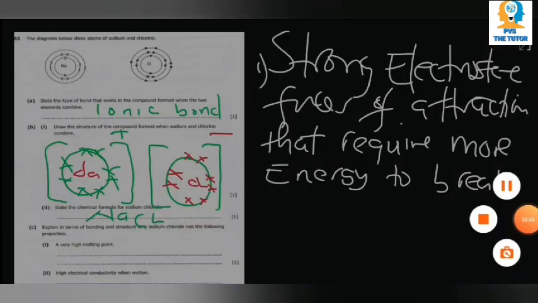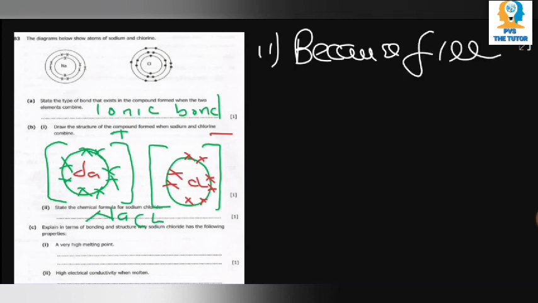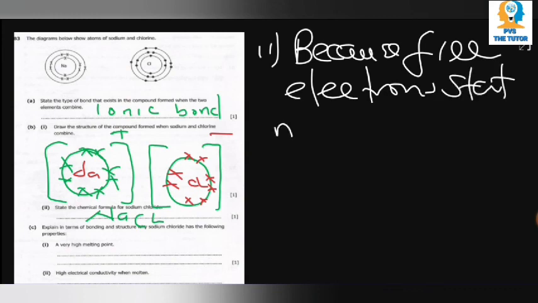Let's go to 2. C2 says, why does sodium chloride have a high electrical conductivity when molten? Remember, ionic compounds can conduct electricity only when they are molten. Now, why? Once an ionic compound has become molten, free electrons, remember electrons are the ones that are responsible for electric conductivity, start moving.